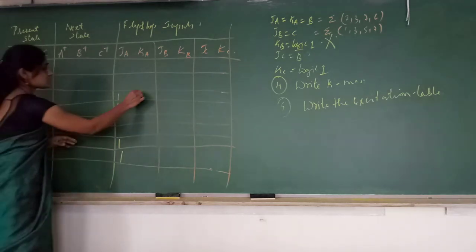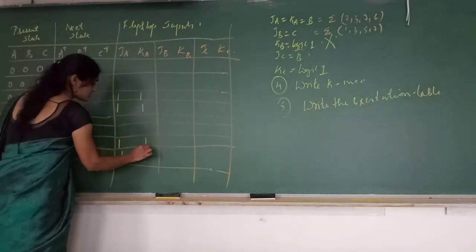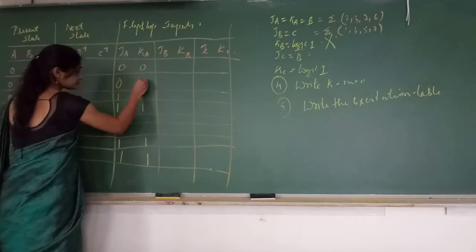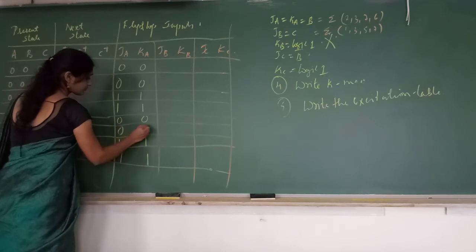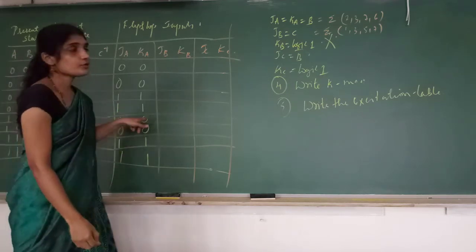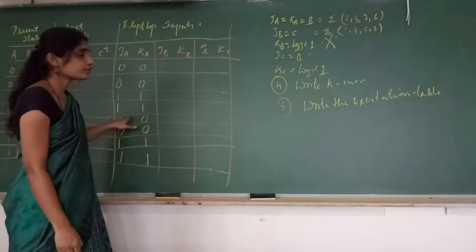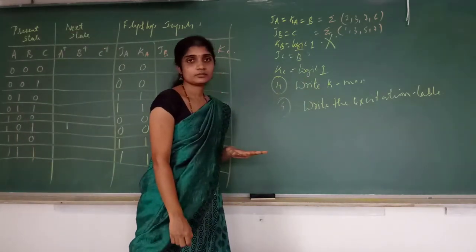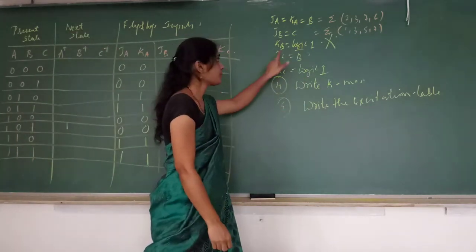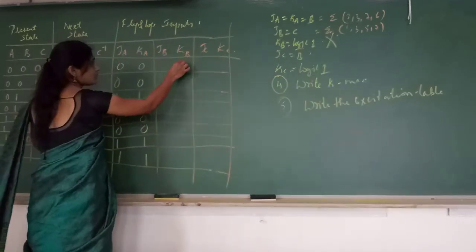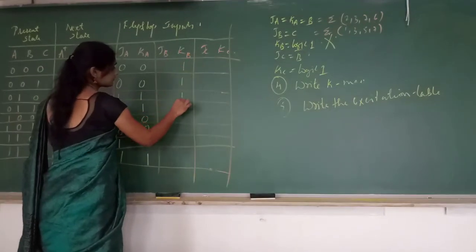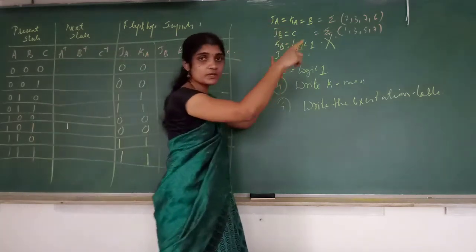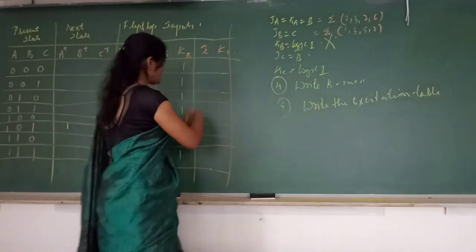Same, 2, 3, 7, 6. Remaining cells will take 0. This is how you fill the table if you have written the K-map. Same way, what is KB? KB is logic 1. So for KB you write logic 1 in all the cells.